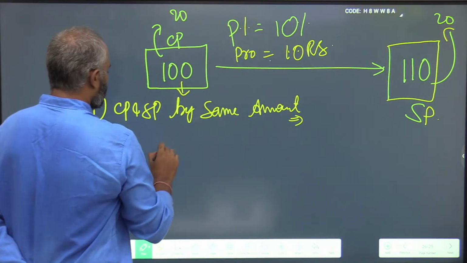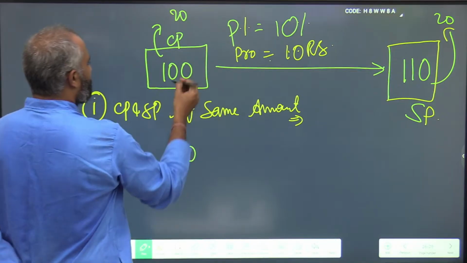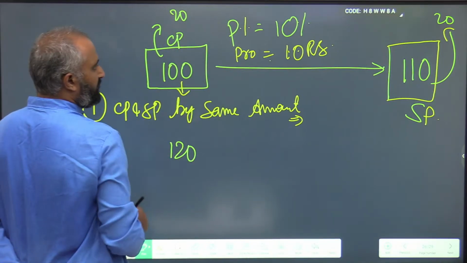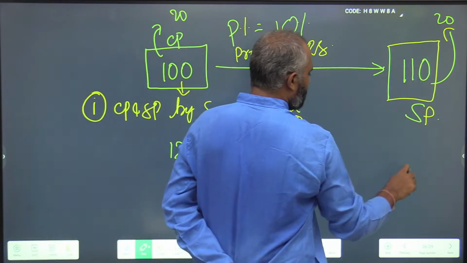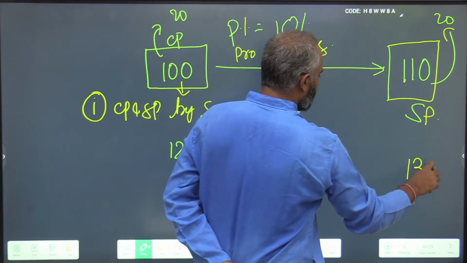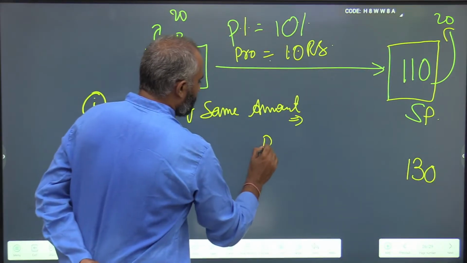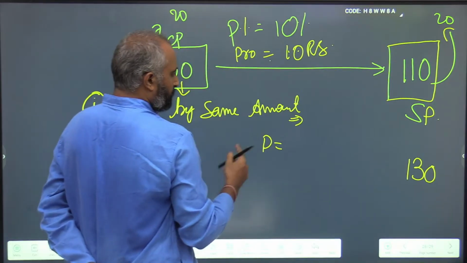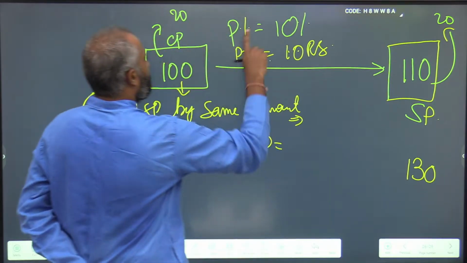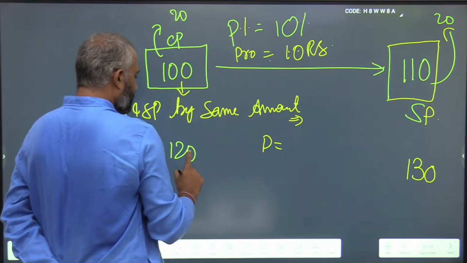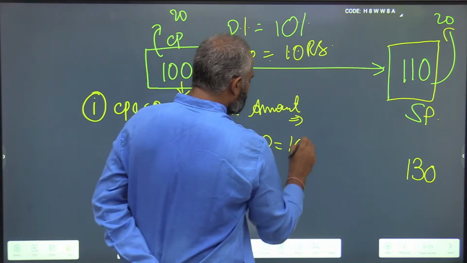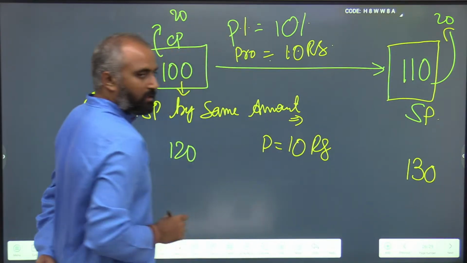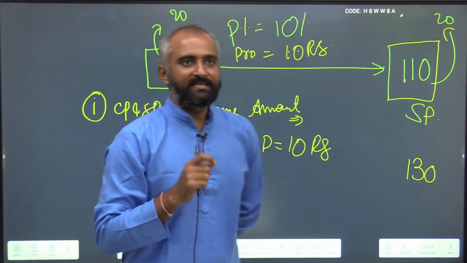So what will this become now? The new cost price has become 100 plus 20, 120, and the new selling price has become 110 plus 20, 130. The profit has remained the same. Here the profit was 10 rupees only. Even in this case the profit is 10 rupees only. But what is the factor that is getting changed?